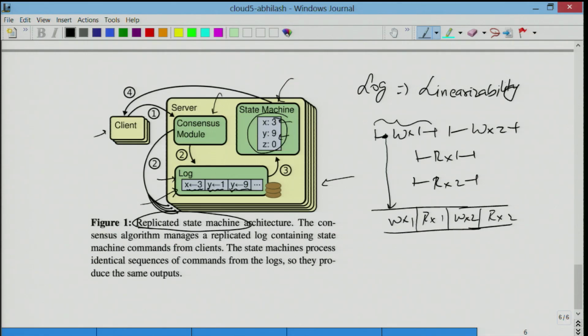Okay, so the goal is that this state machine should never diverge. We would want to make progress, and this state machine should stay replicated across the replicas. So the log has to be a sequence of deterministic operations. If you have non-deterministic operations, say I write x as get time, then when one replica applies this log entry, it may think x is 3 p.m., and when another replica applies this entry, it may think x is something else.